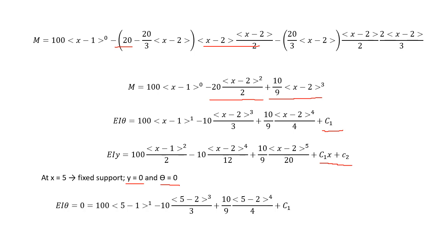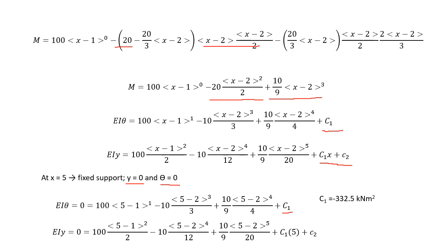What you have to do is to substitute those to the two equations. X is equal to 5 to the two equations. First, use the equation for slope so that you can solve for C1, and you get C1, negative 332.5 kilonewton meter squared.